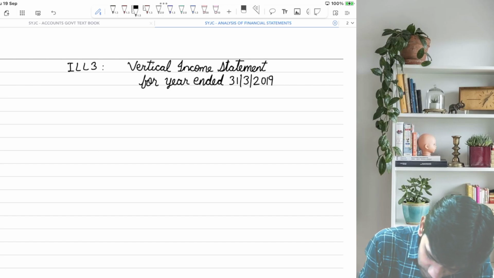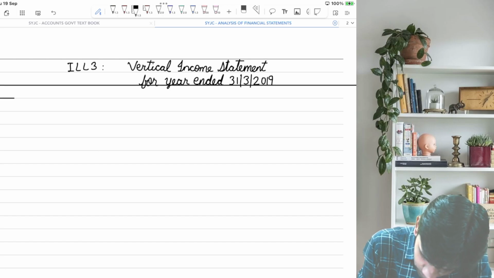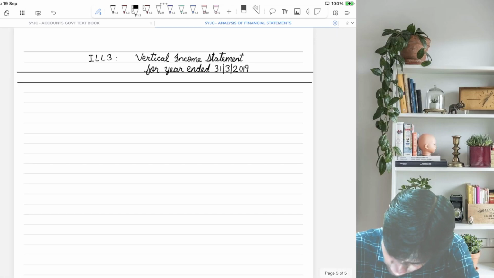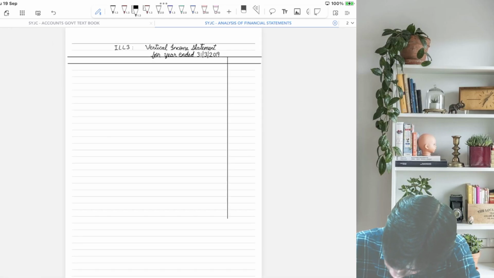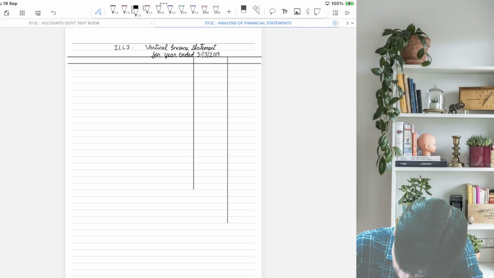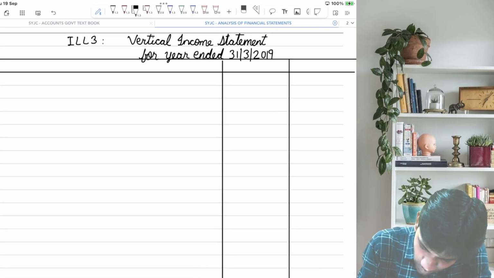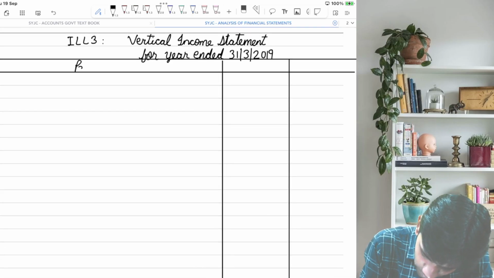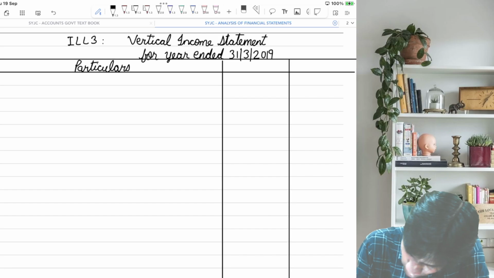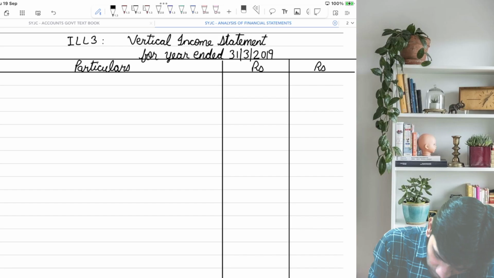Let's prepare this. This will be particulars and rupees.